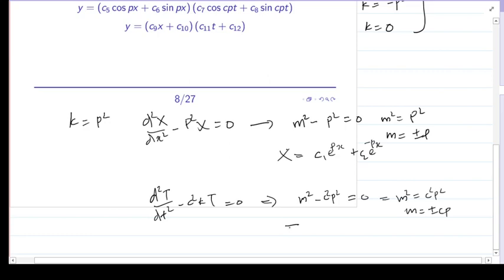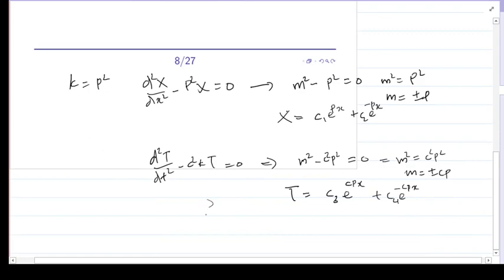In that case we can take T is equal to c3 e raised to cpt plus c4 e raised to minus cpt. So ultimately we can take the solution y of x t is equal to c1 e raised to px plus c2 e raised to minus px, into c3 e raised to cpt plus c4 e raised to minus cpt.